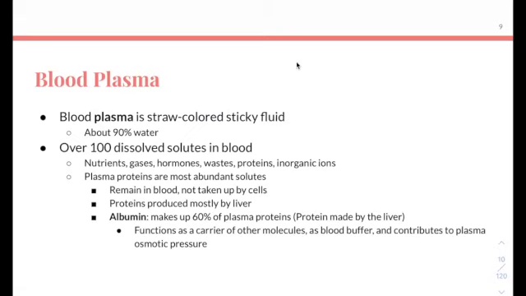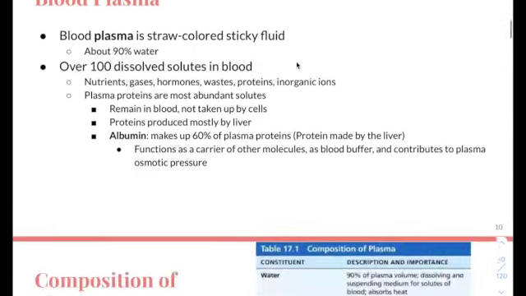It's produced in the liver, and it carries molecules around, helps protect certain molecules, and it also contributes to the osmotic pressure of blood, which is another test that's run, based on surface tension on the blood.